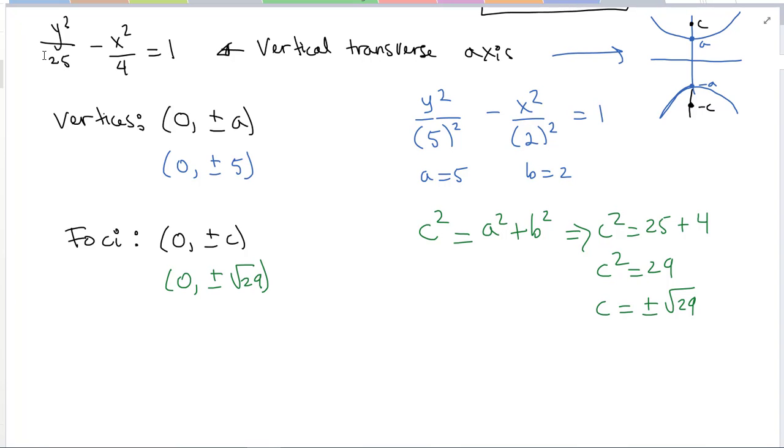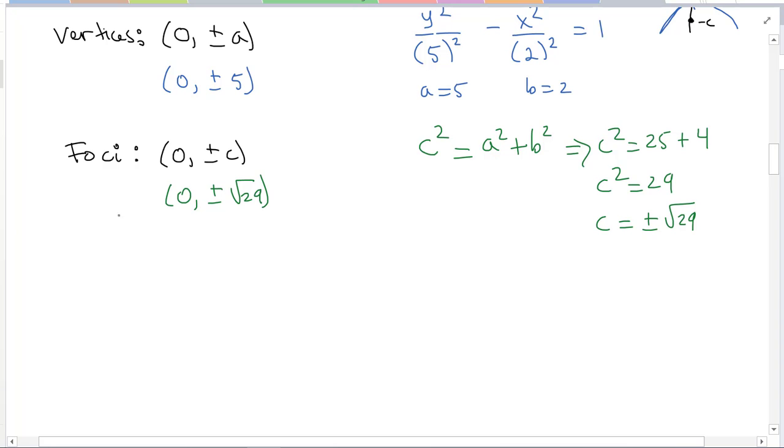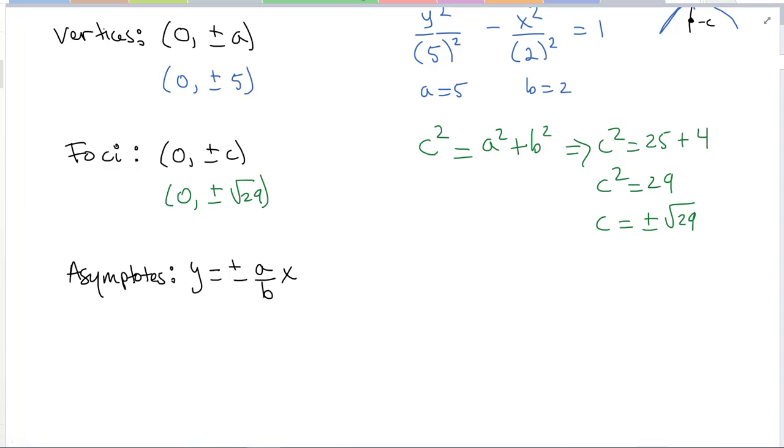The next thing to find are the asymptotes, although at this point you could draw the hyperbola by doing the rectangle and the asymptotes and then labeling them. But I'm going to go ahead and find the asymptotes anyway. Because this is a vertical transverse axis, our asymptotes are y equals plus or minus a over b x.